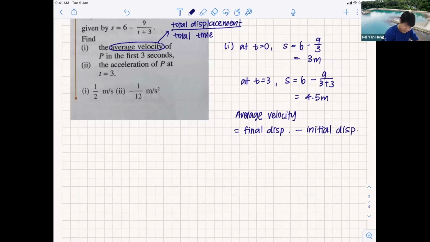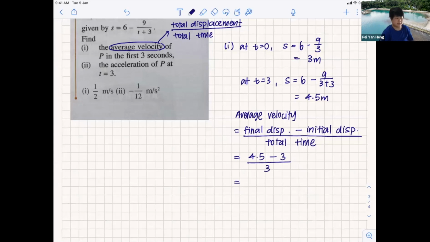Then you divide by the total time. My final displacement is at 4.5. Then my starting displacement is 3. So you minus 3. The difference of timing is 3 seconds. So 4.5 minus 3, then you divide by 3, you get 0.5 meters per second.